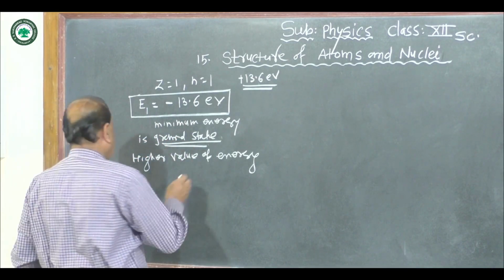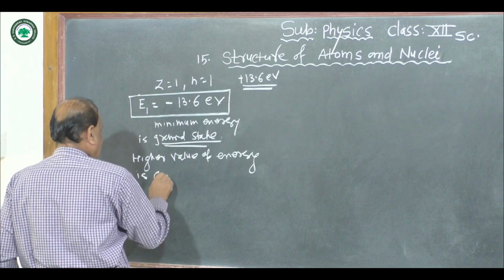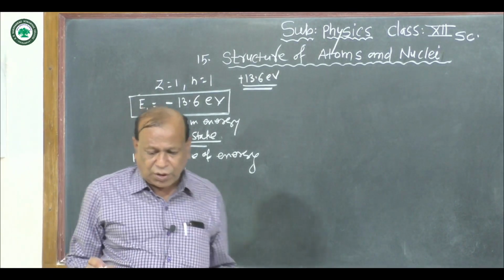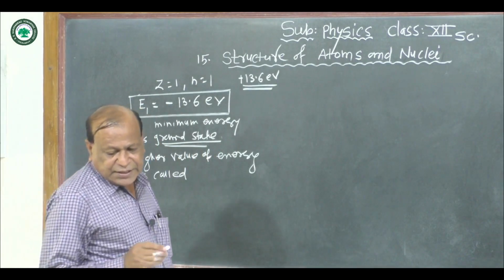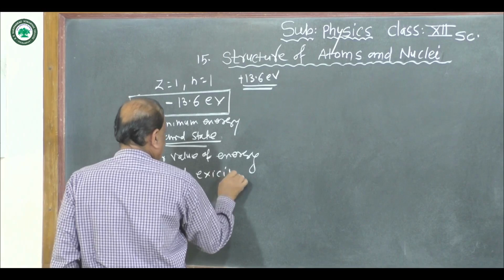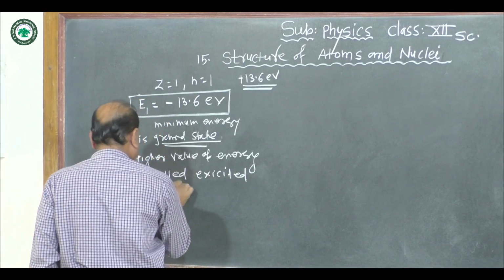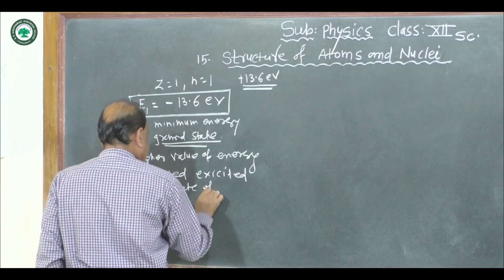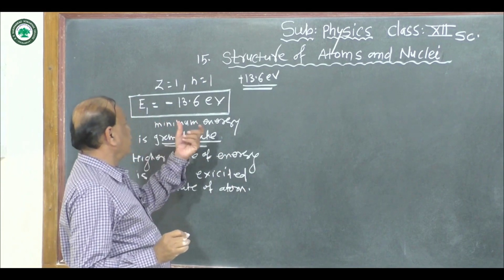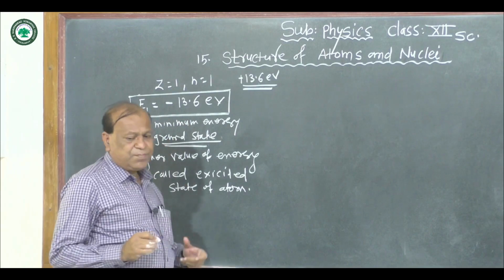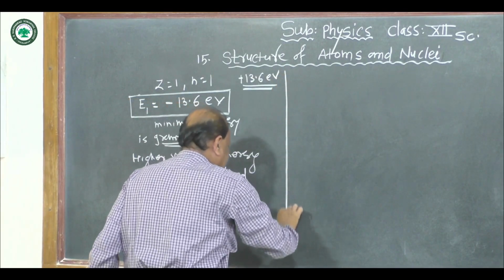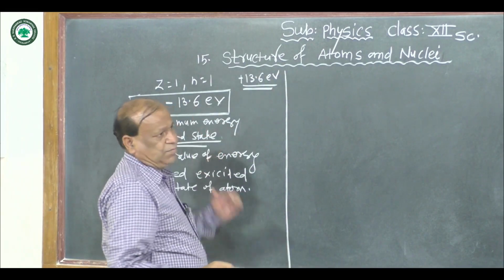That higher value of energy is called excitation energy, is called the excited state of the atom. This is about the minimum energy and higher energy, and we continue with the next article.